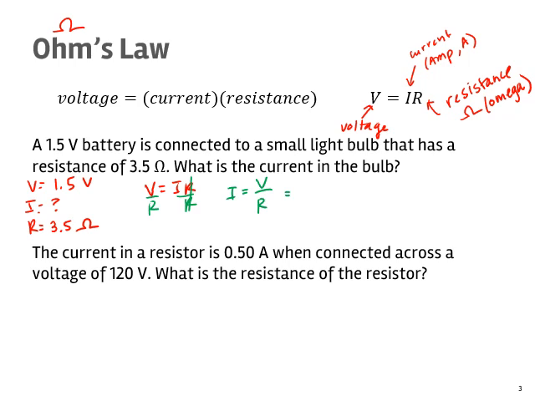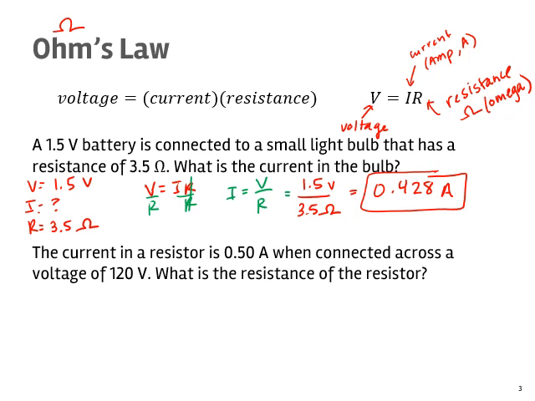So we're going to plug in 1.5 volts divided by 3.5 ohms. This is going to give us a value of 0.428. Our unit for current is amps, so that's going to be a capital A.